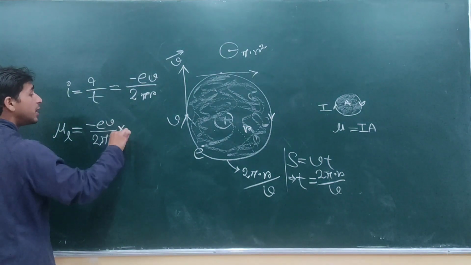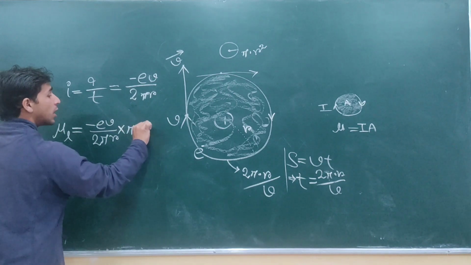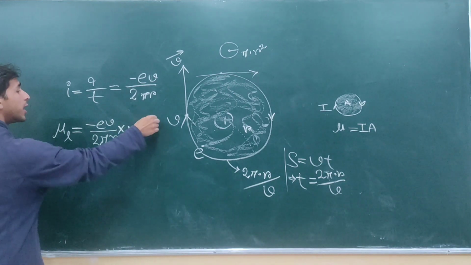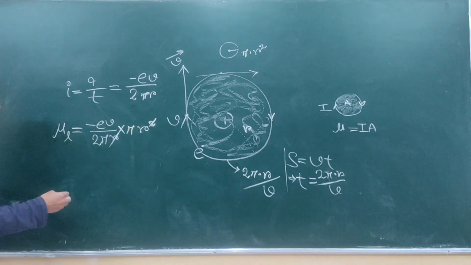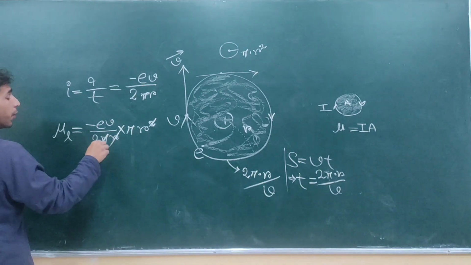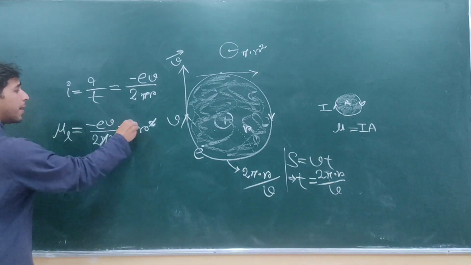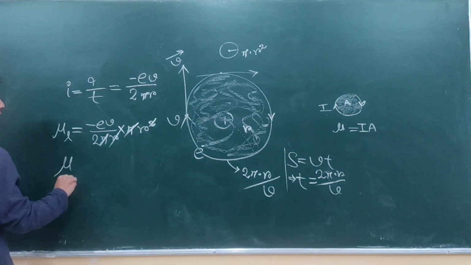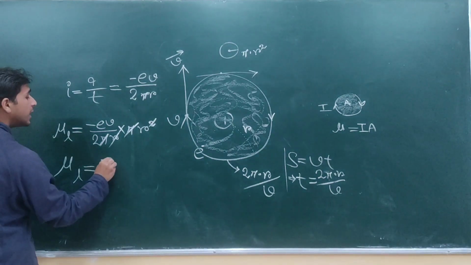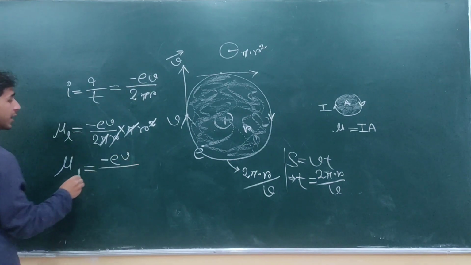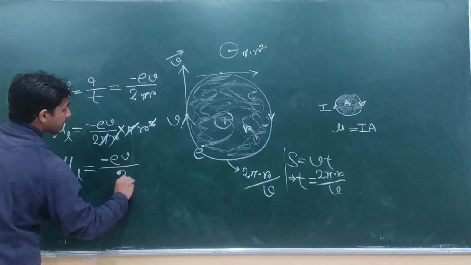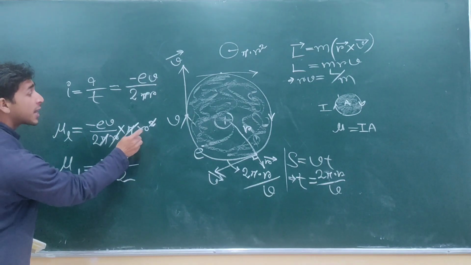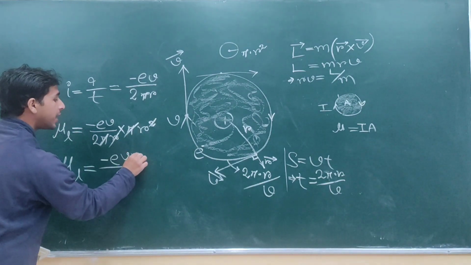Here one r will get cancelled, and pi will also get cancelled, and you will get mu L equals negative ev divided by 2. Sorry, here one r gets cancelled and one r remains.